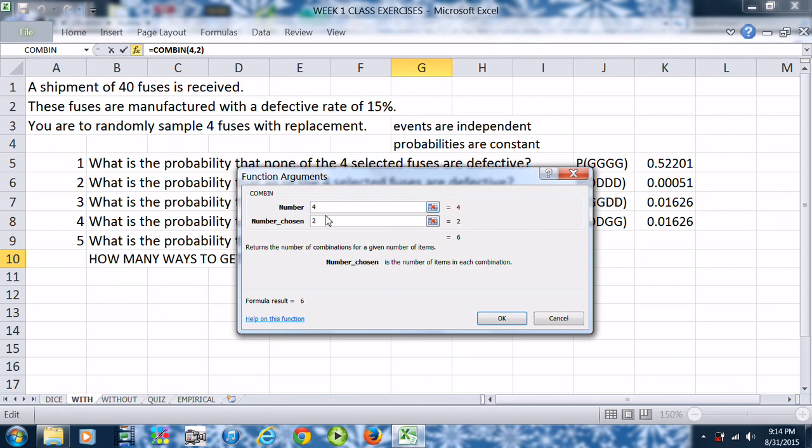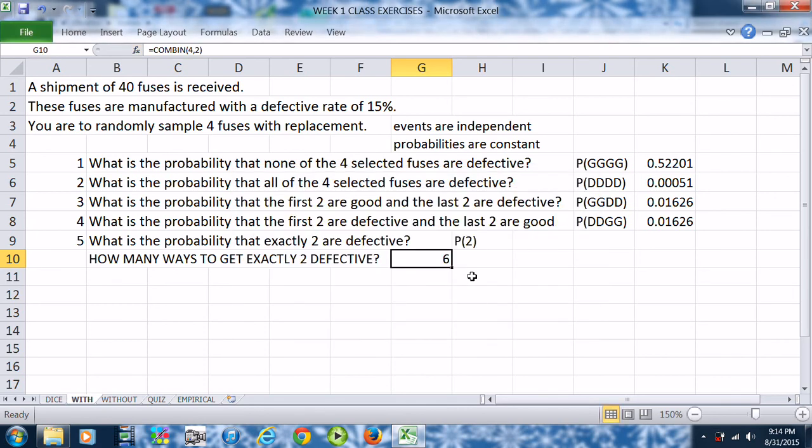We think of this as 4 choose 2, and that's 6. So now we just need to multiply this 6 with any one of the ways to get exactly 2 defectives, since they all have the same probability. So I'll just click on this version. And so the probability of exactly 2 defectives is 0.09754.